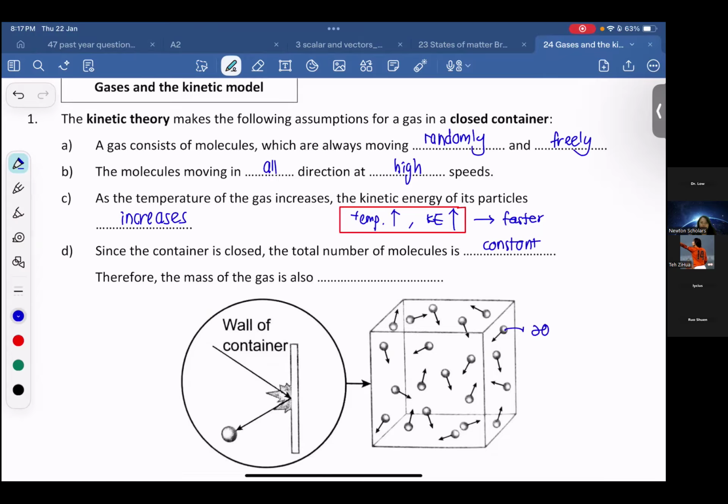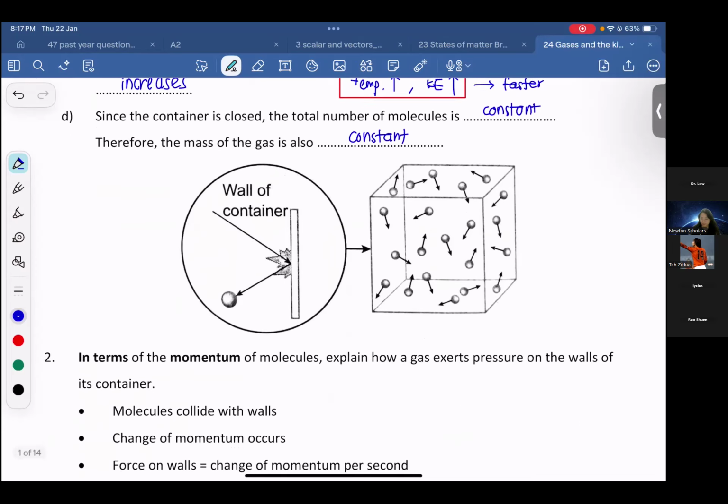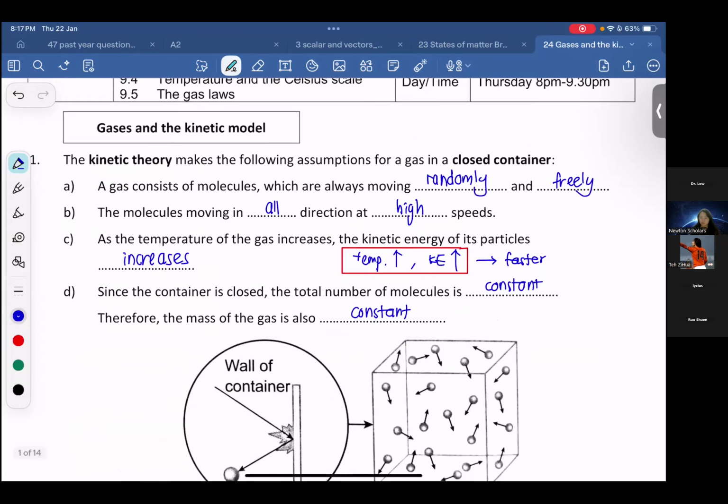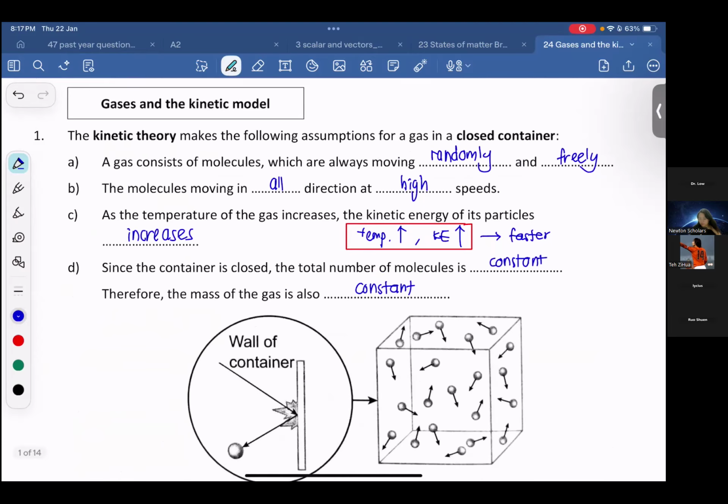Because it is closed, these 20 cannot escape, so this amount is fixed. Therefore, because the number is the same, of course the mass is also constant. For example, in one classroom there are 30 students, so it is fixed. Then the total mass is also constant. Here these are some assumptions about the gas. 5 seconds for you to complete.